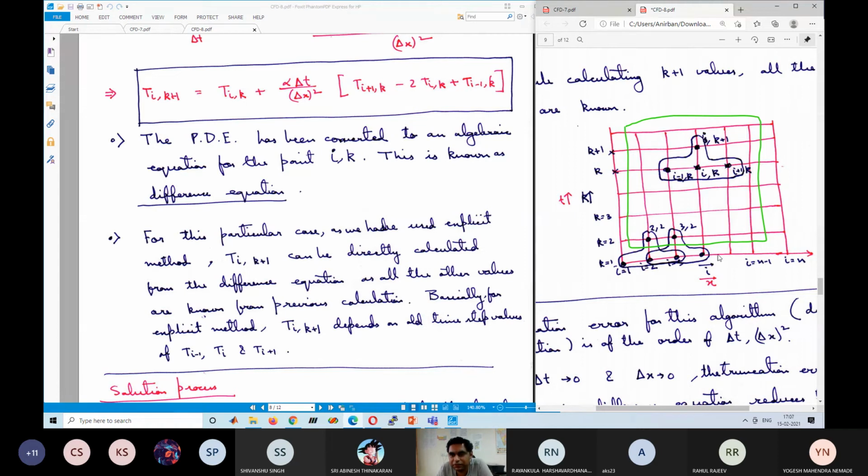Based on this, we find this value. Next, this point value we can find based on these 3 points. Next, this point value we can find on these 3 points. So each of the values for the second row we can find using the bottom row values. Is it clear to everyone?